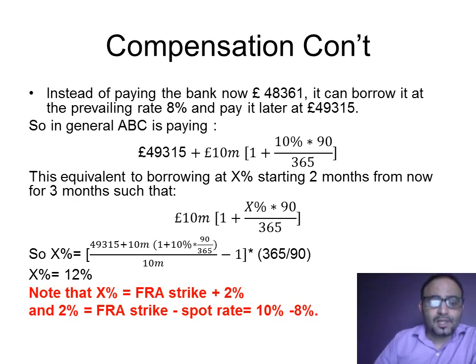We should note in this case that X% is equal to the FRA rate, which was 10%, plus 2%. The 2% is coming from where? It's simply the FRA rate, which was 10%, minus the spot rate at that moment, that means after those two months.